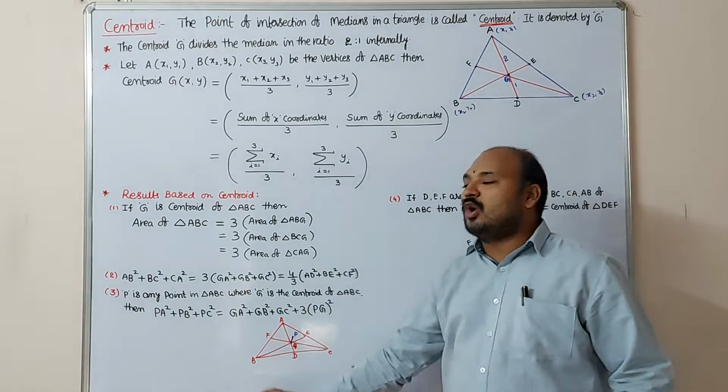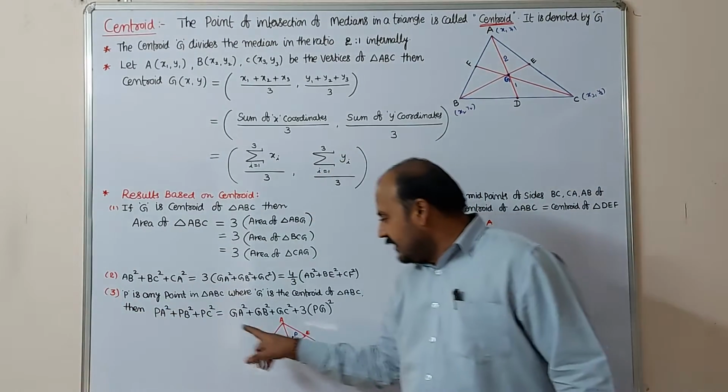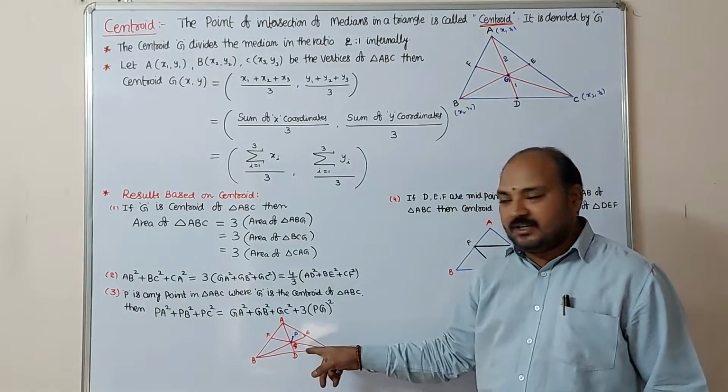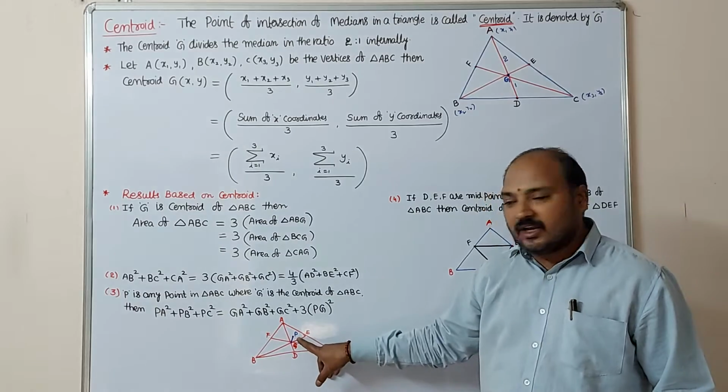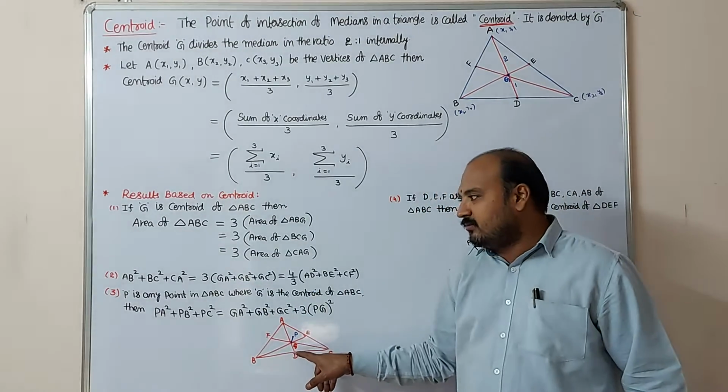Now we will move on to the third property. Third important result: P is any point in the triangle ABC, where G is the centroid of the triangle.